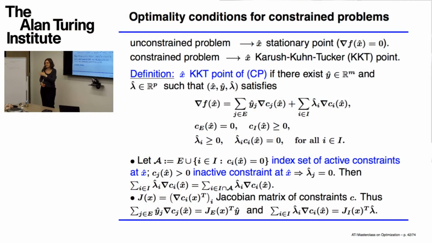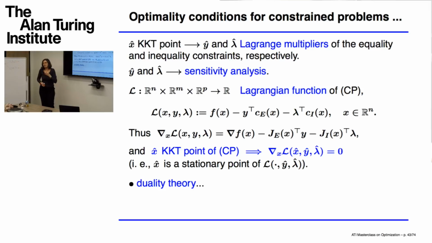Well, as we will see in what follows, the approach for constrained problems is generally, let's try to make it unconstrained, because we know how to solve unconstrained problems. So here also, what we do is we associate to our constrained problem this Lagrangian.